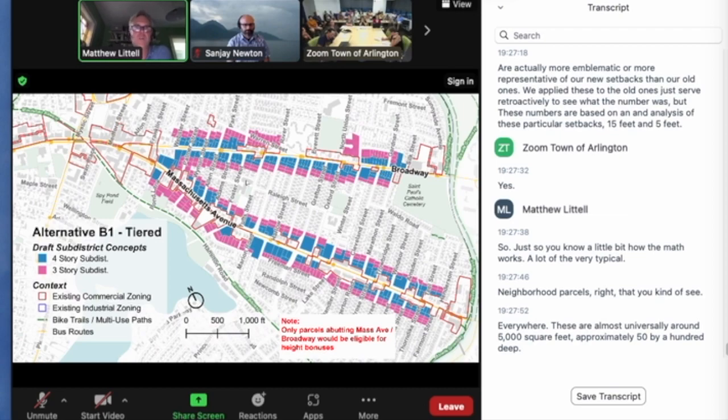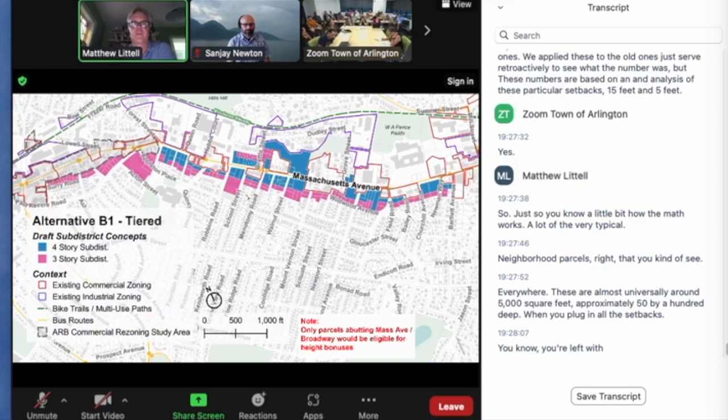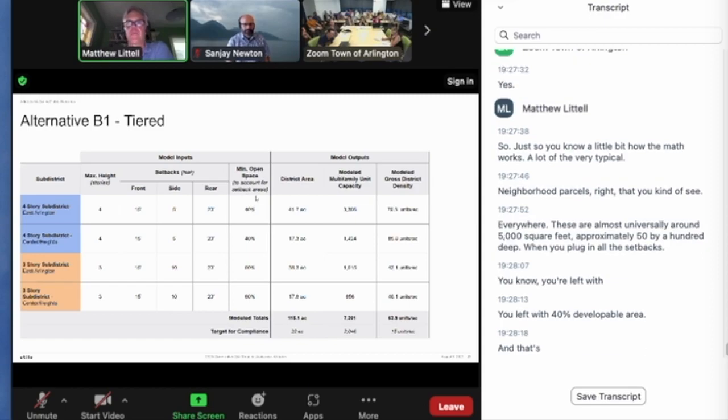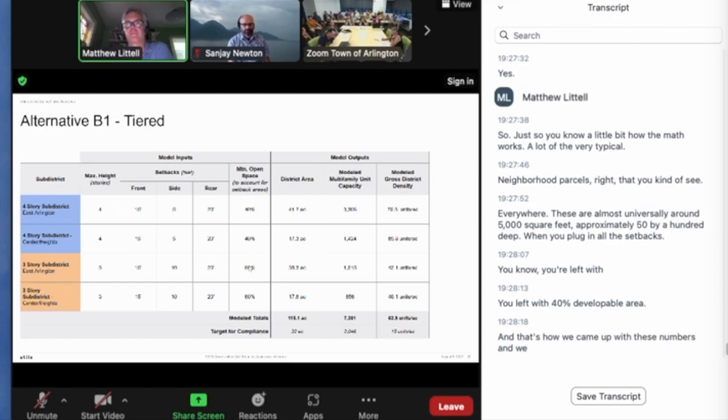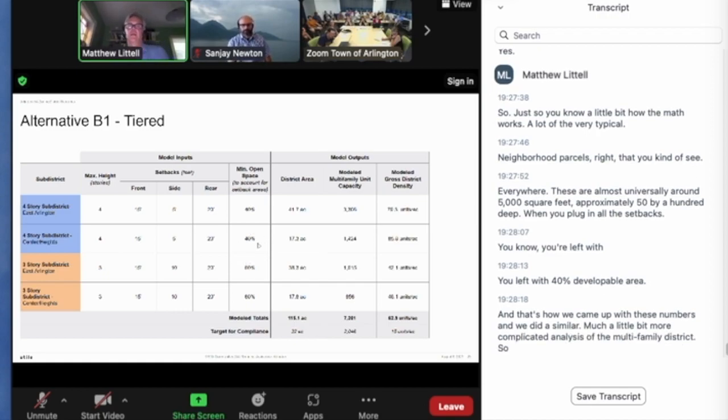When you plug in all the setbacks, you're left with 40% developable area, and that's how we came up with these numbers. And we did a similar, a little bit more complicated analysis of the multifamily district. So that's where these numbers come from.